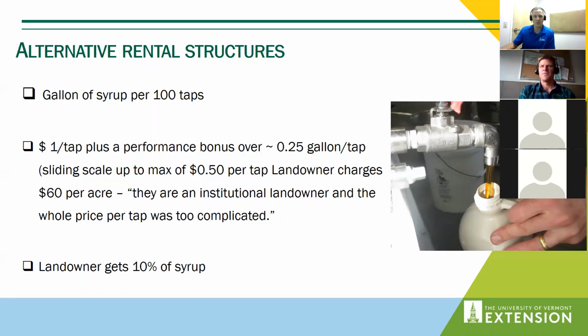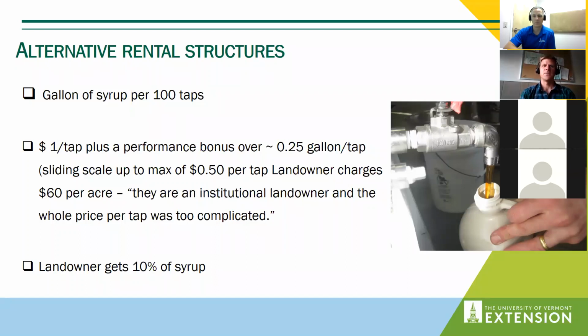And one last thing about Sugarbush leases, we have seen leases where the operator, the sugar maker, installs and foots the bill for the whole tubing system, as you might expect. But there's a clause in the lease that if the landowner sells during the period of that lease, and the new owner is not interested in maintaining that lease, the seller of the land will pay the producer for essentially the prorated value of that initial install.